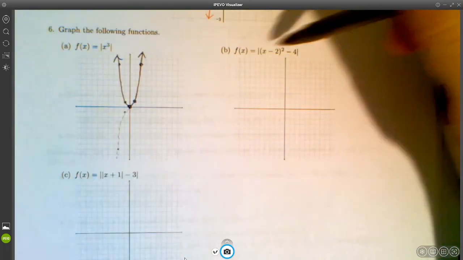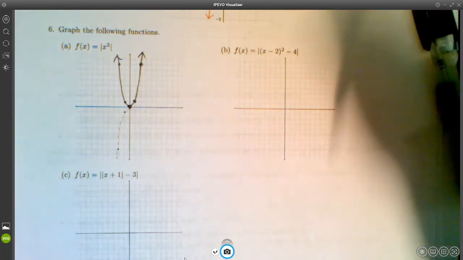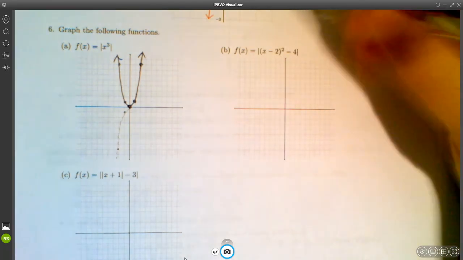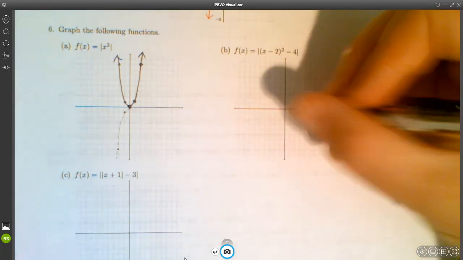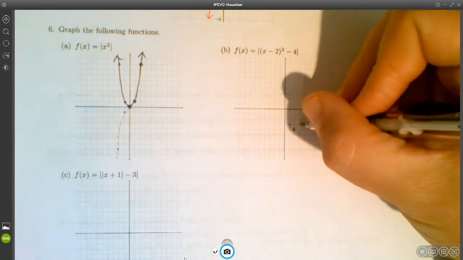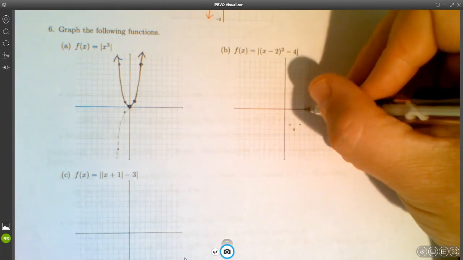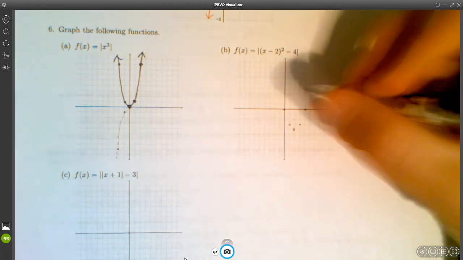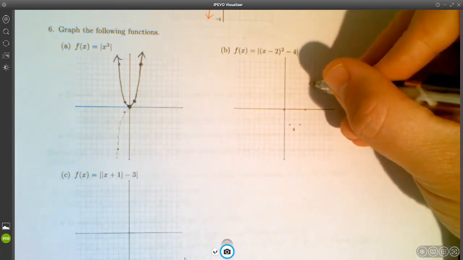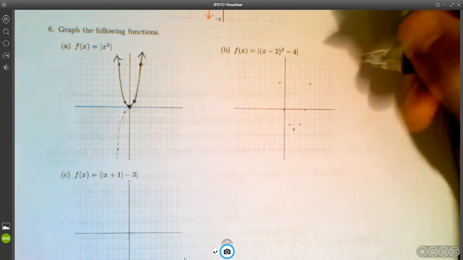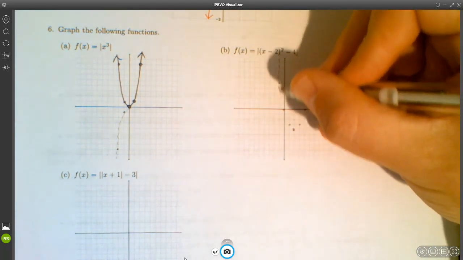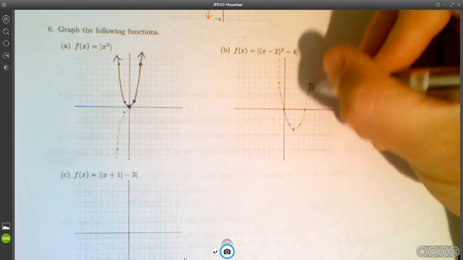Let's do another one. Here we've got f of x equals absolute value of x minus 2 squared minus 4. This transformation is pretty easy to apply. We're just shifting right 2, down 4. This is what the function would look like without the absolute values around it.